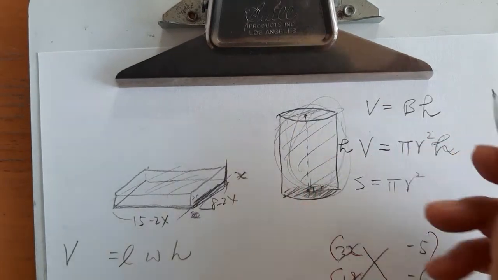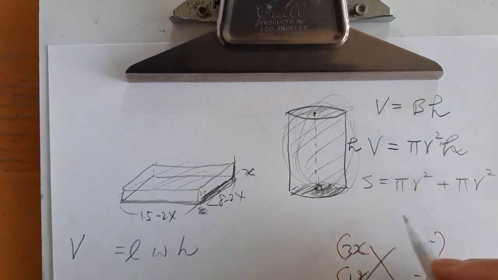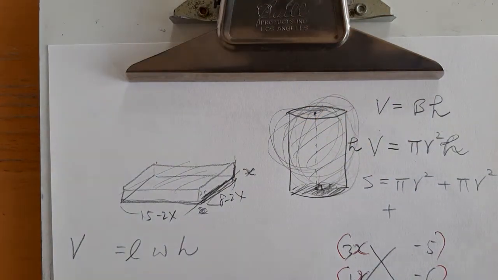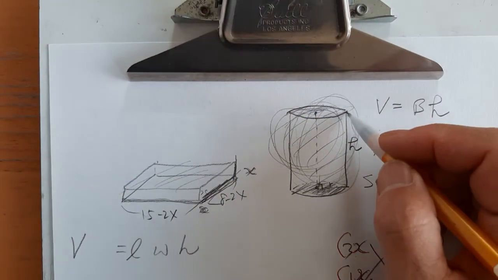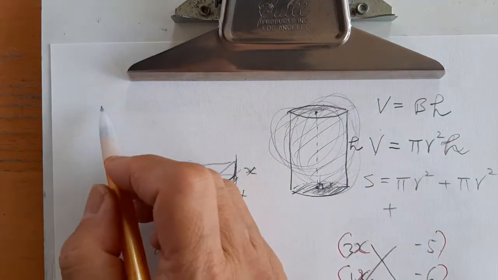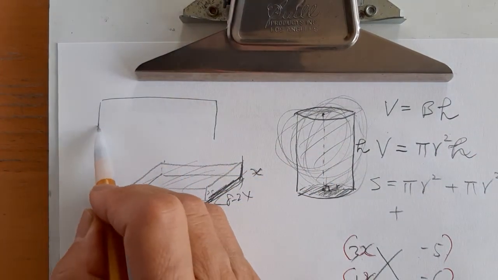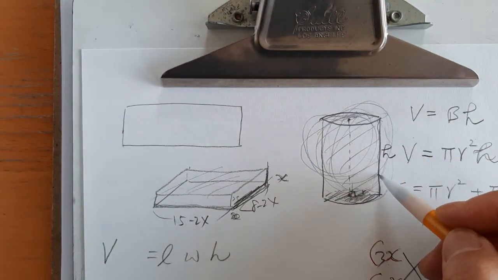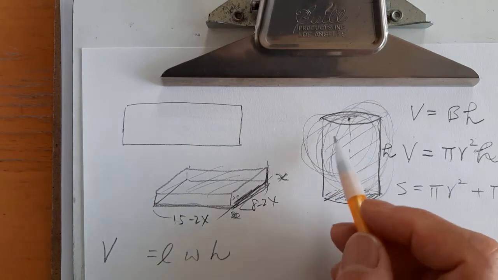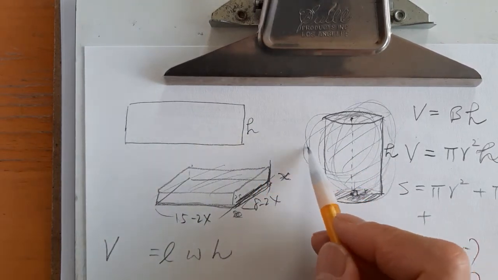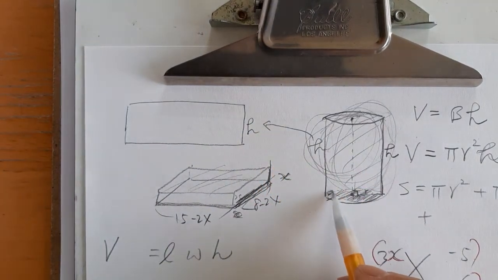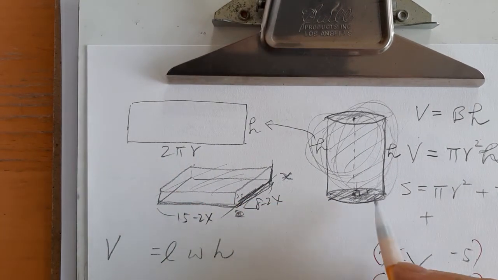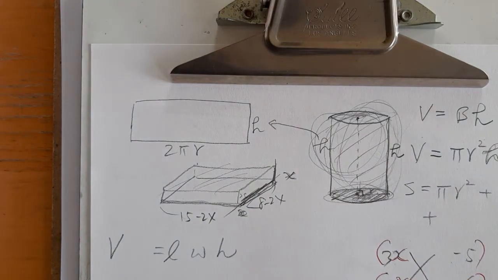The top area is also pi r squared. Add the lateral surface. What is the lateral surface? Once you cut it and open it, it becomes a rectangle. This side is height, and this is 2 pi r, the circumference of the circle.